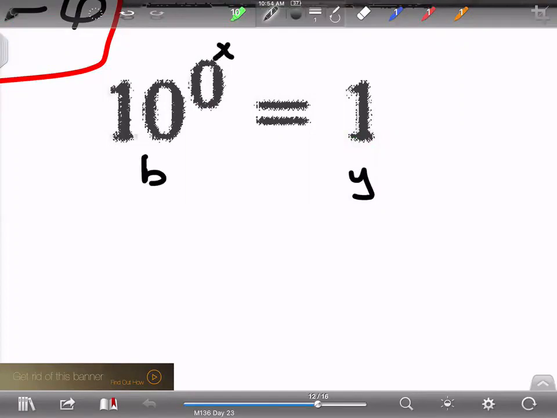So you should have labeled 1 as y, b, the base of the bottom of your exponent is 10, so 10 is b, your exponent is 0, so 0 gets labeled as x.